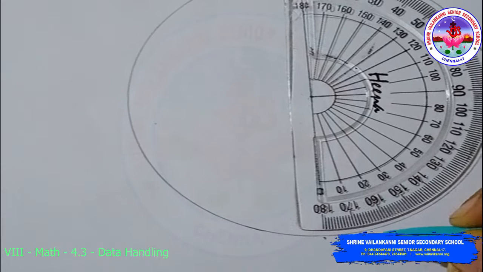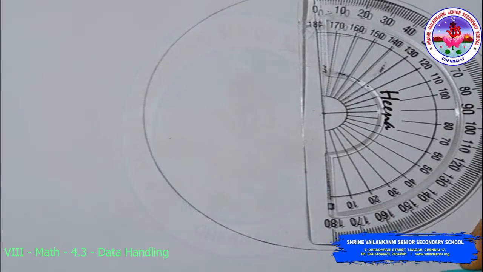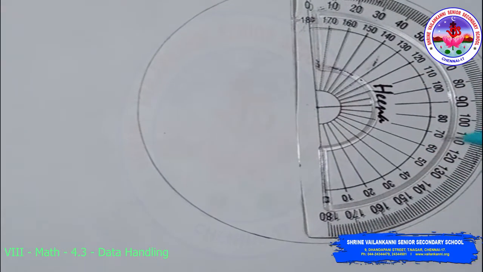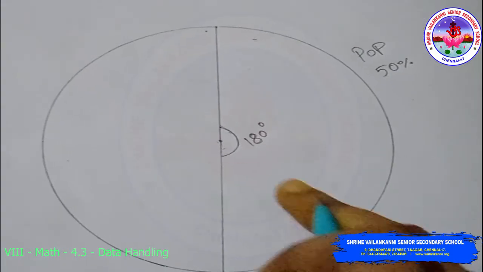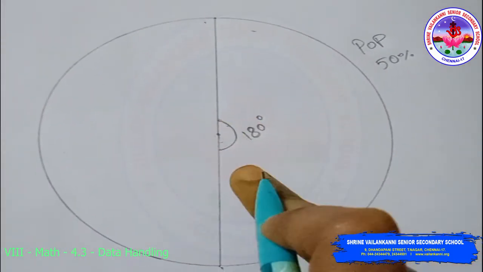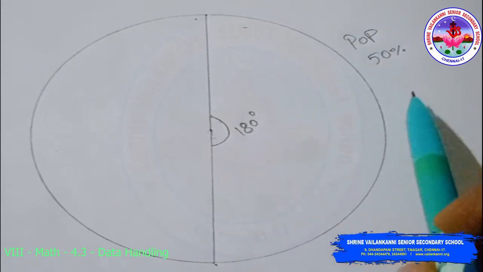Now draw the line from the center. This is the pop area, 180 degrees. The pop is 50% of the pie chart.